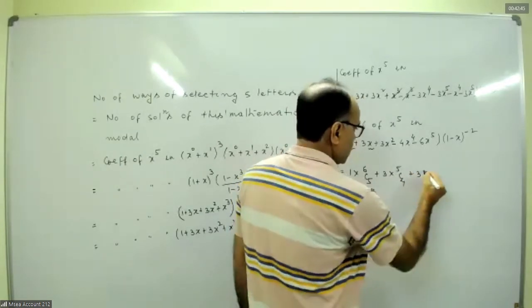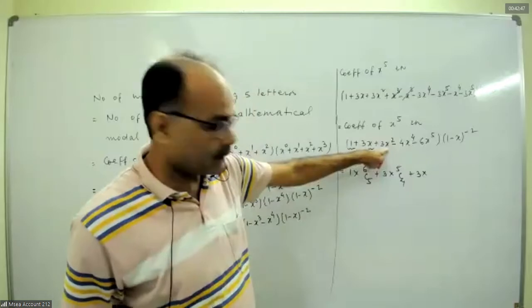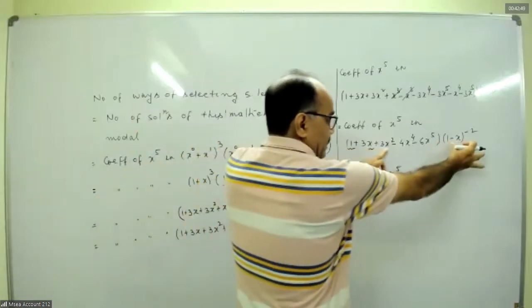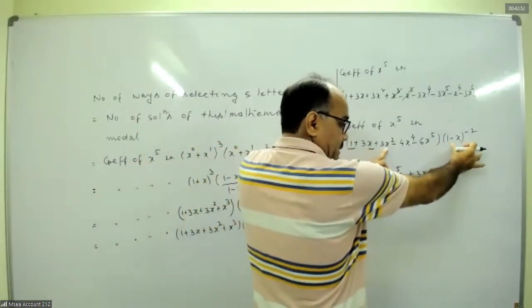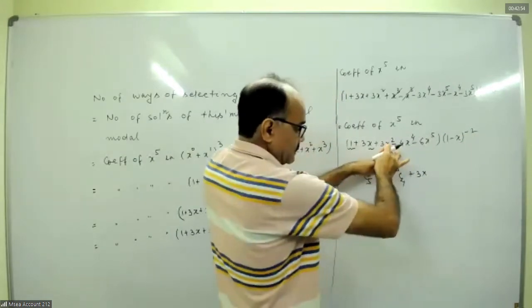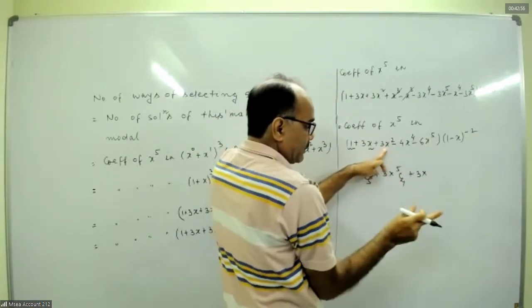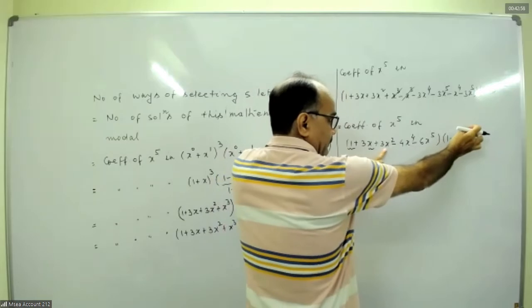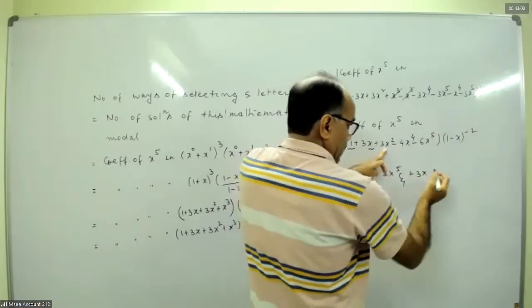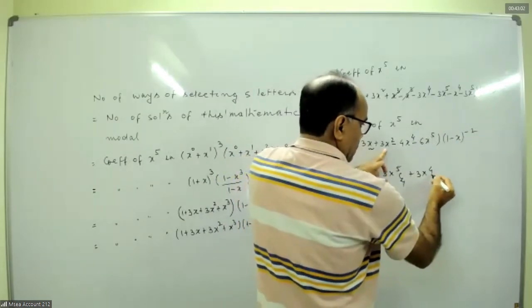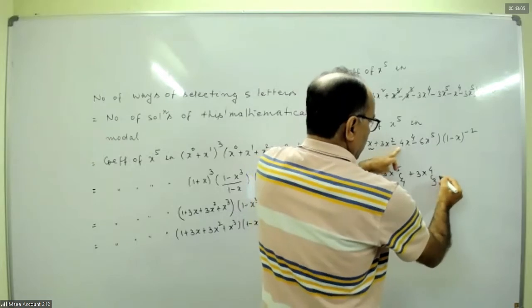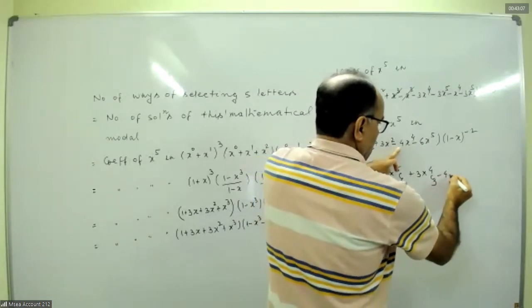Plus 3. We already have x square, so the x cube term with this product will give us x to the power 5. So we want (3+2-1)C3, that is 4C3. Minus 4 into 4.